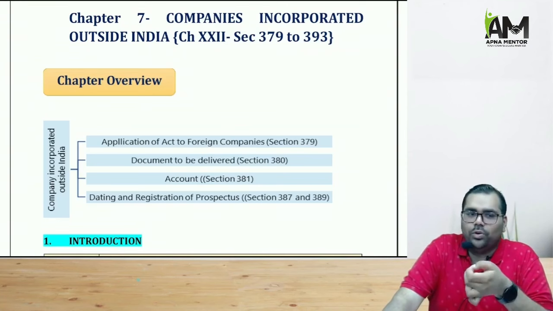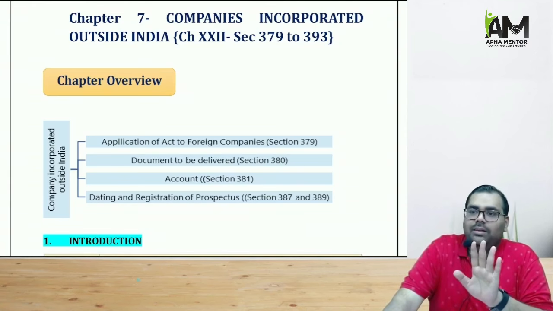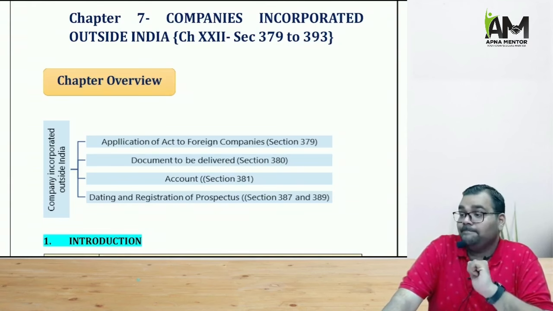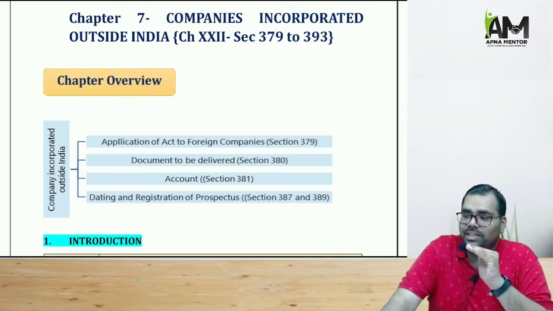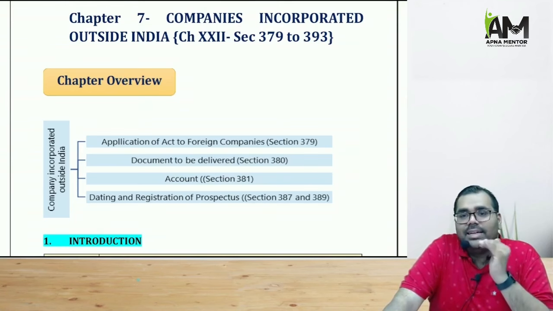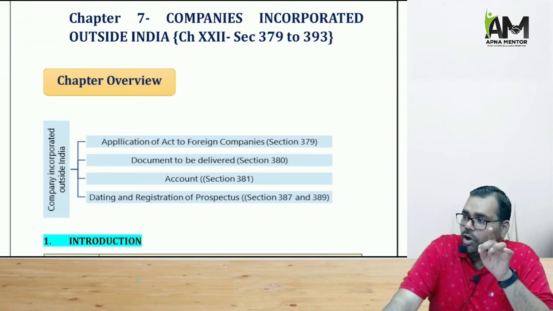It is logical. So when we study the definition of foreign company, section 2(42), it is given that a foreign company means a company incorporated outside India but carrying on business in India.